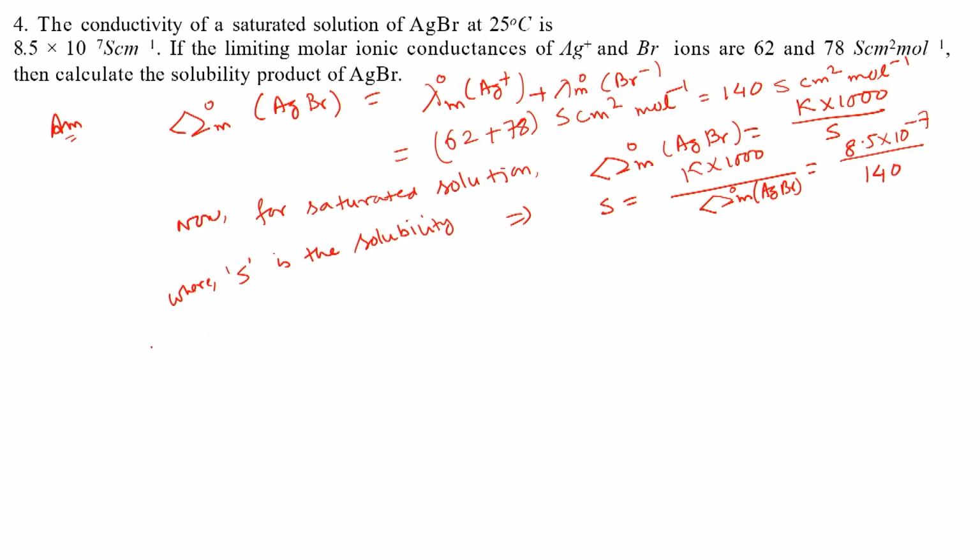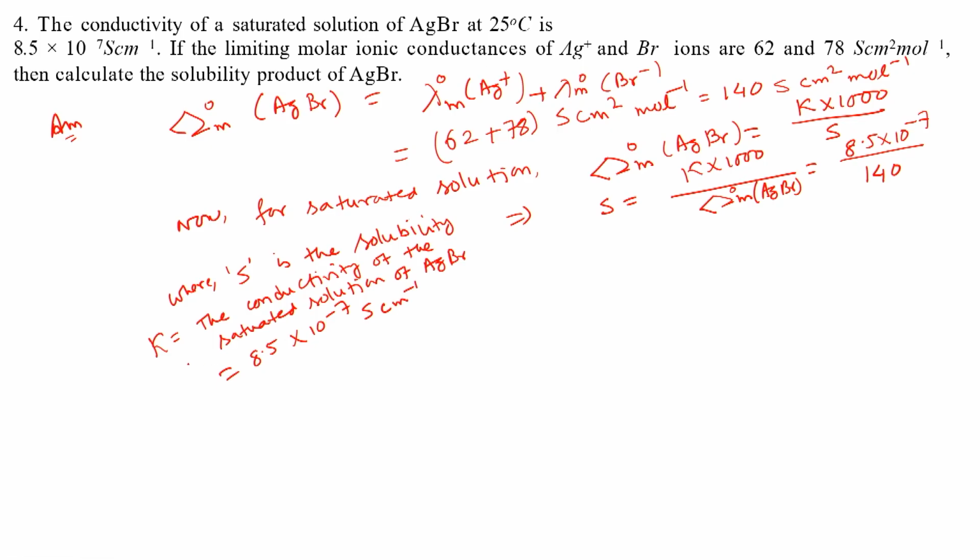So, here kappa is the conductivity of the saturated solution of AgBr, and the value is given 8.5 times 10 raised to the minus 7 S centimeter inverse.